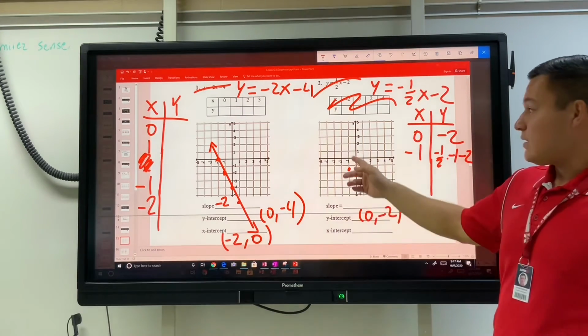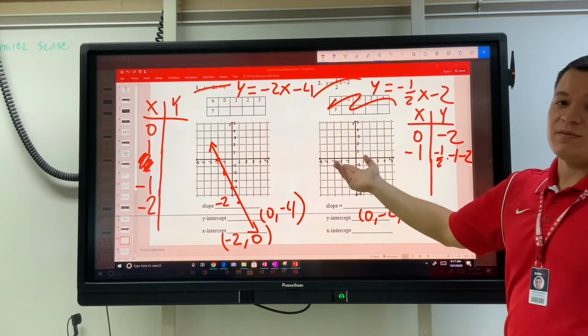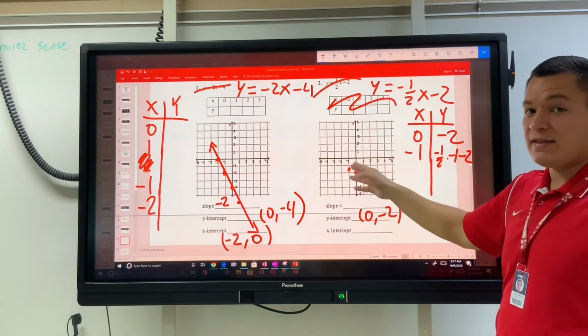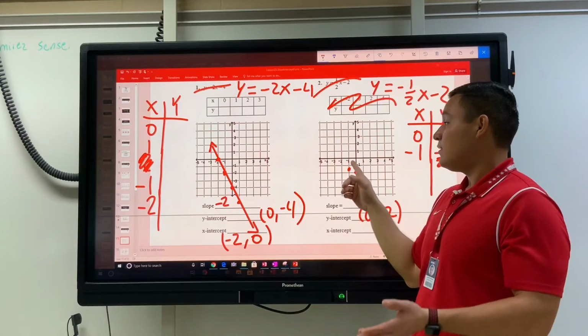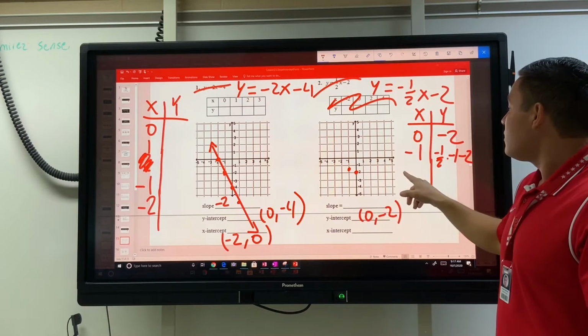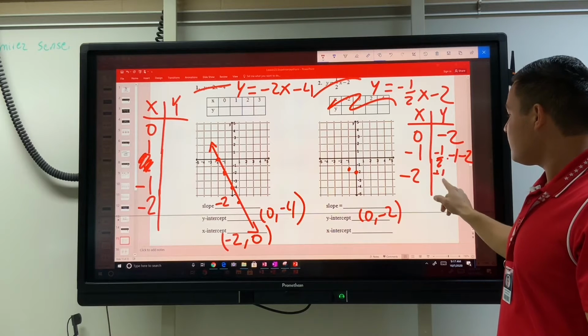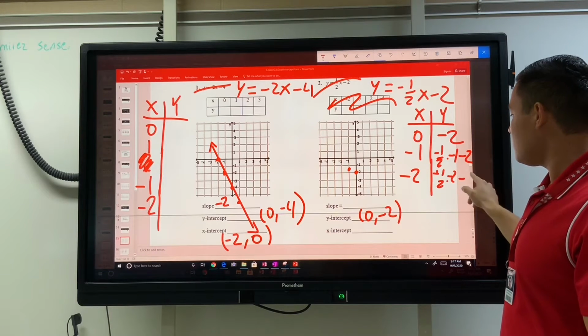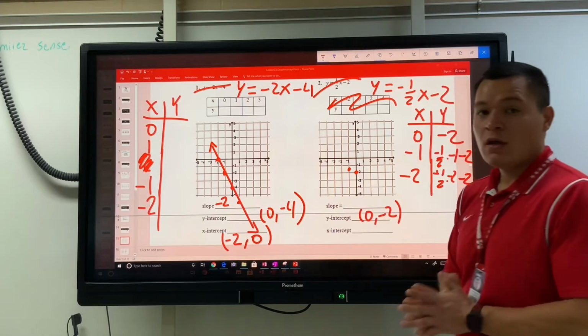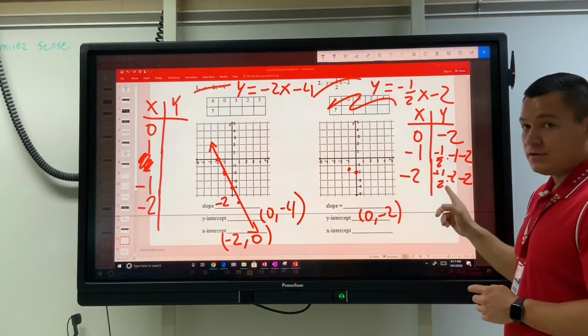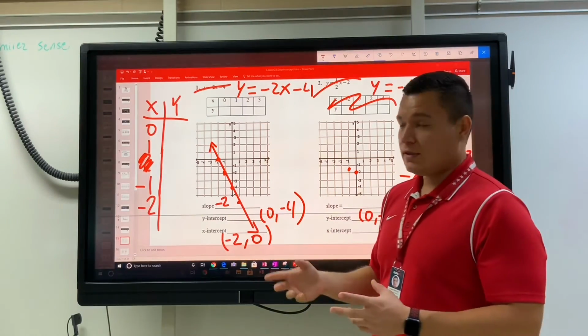And you can see that the scales for both of these graphs are going to be counting by ones, so you should also be graphing these on your notes as a scale of 1. Let's plug in -2. -1/2 times -2 minus 2. What is half of 2? Half of 2 is 1.